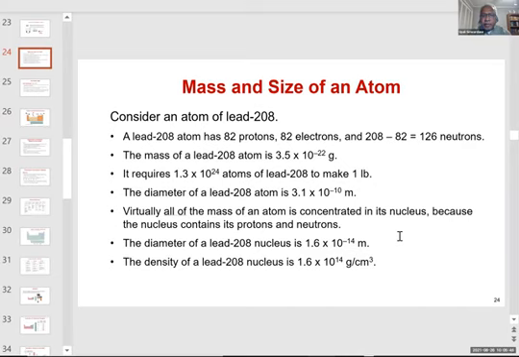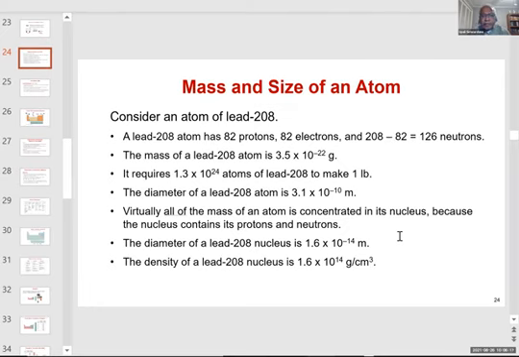there are 82 protons and 82 electrons, the same number as the atomic number from the periodic table. The 208 is the mass number, the sum of neutrons and protons. If you subtract the 82 protons, the remainder is 126 neutrons.